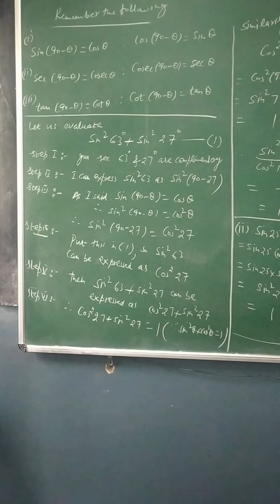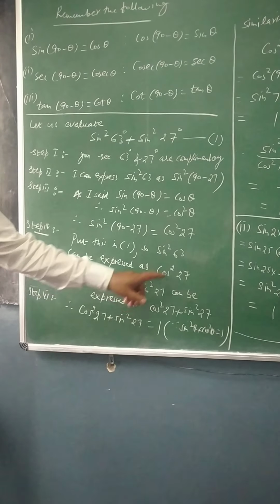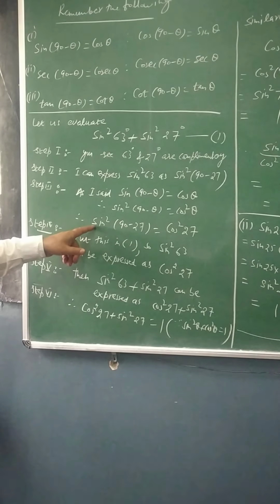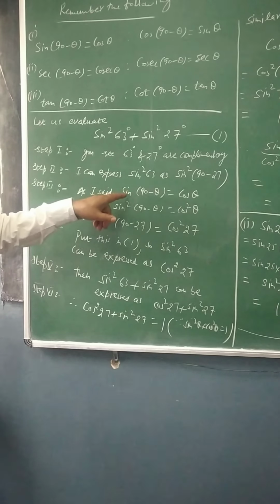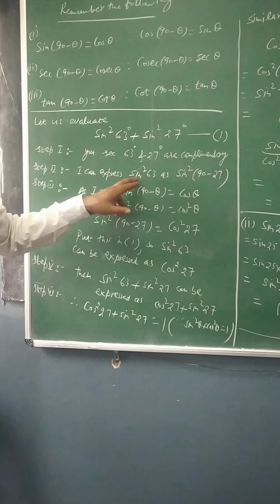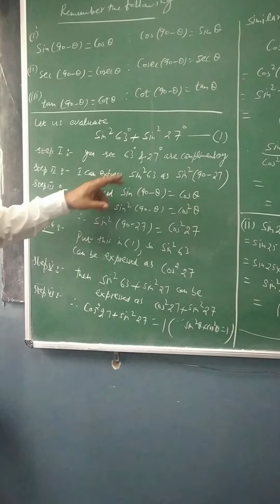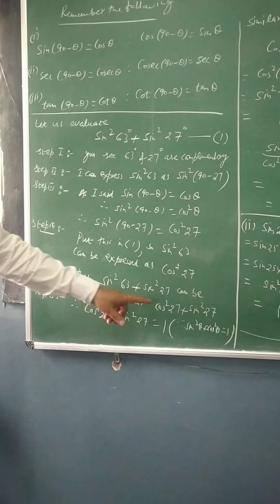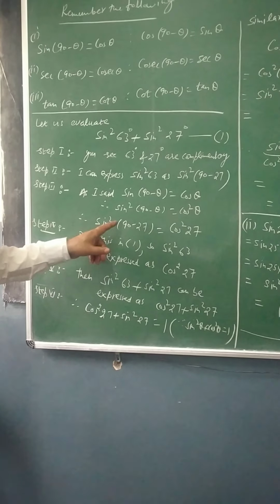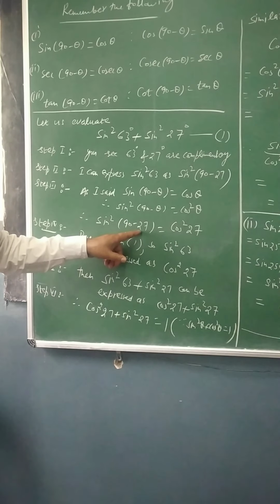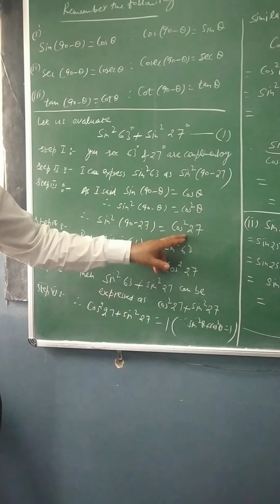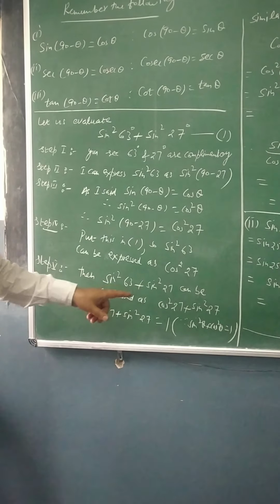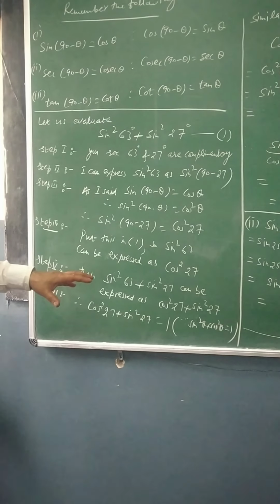Then sine square 90 minus 27 becomes cos square 27. So if we put this back into number 1, sine square 63 plus sine square 27, sine square 63 I can express as cos square 27.